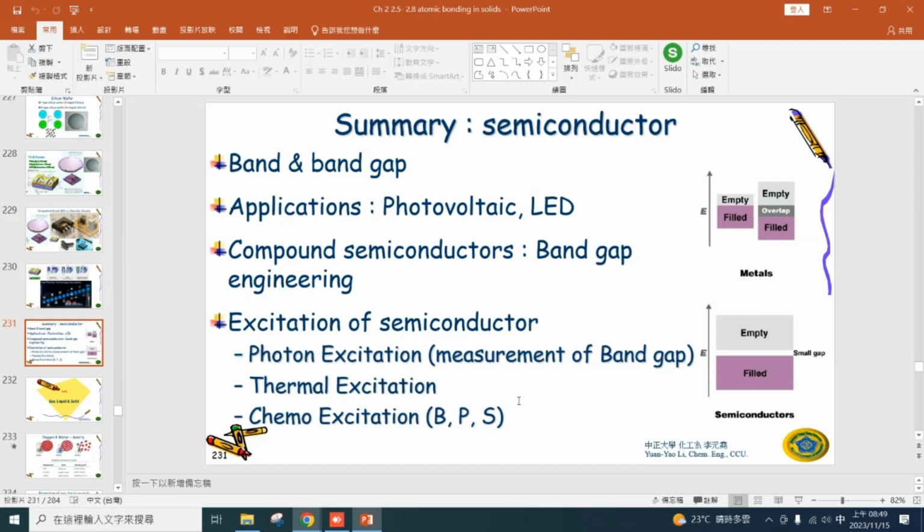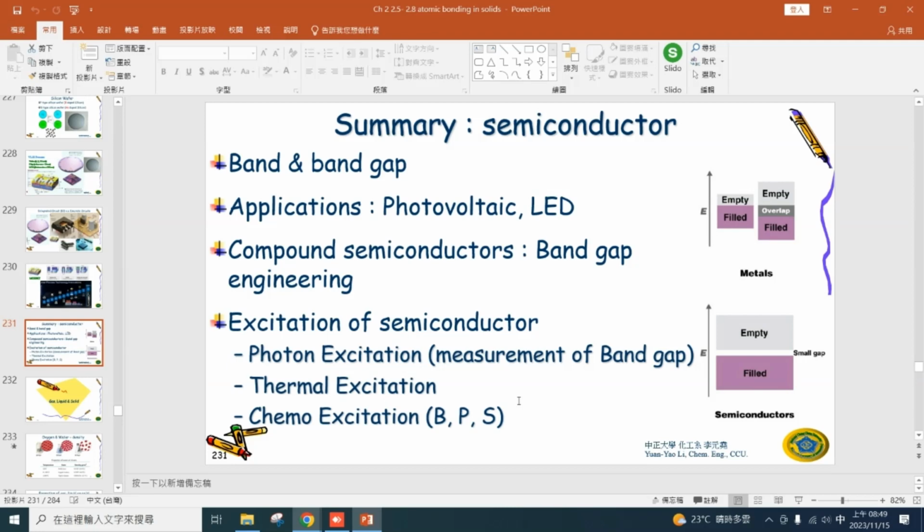Chemical excitation is where we introduce different types of elements into the silicon. For example, if we introduce elements in group 3A, boron for example, into the silicon semiconductor, this is what we call a P-type semiconductor, positive semiconductor, and we have more electron holes in the semiconductor.